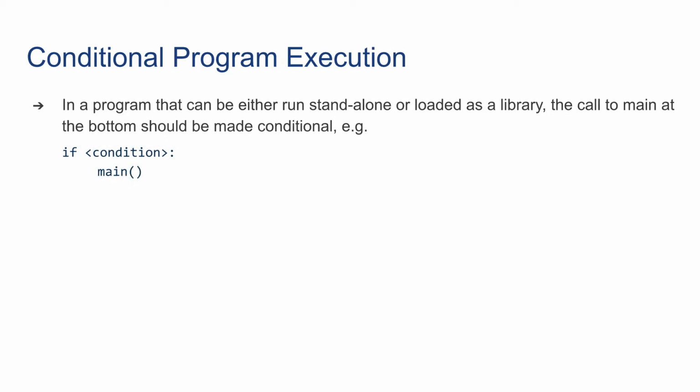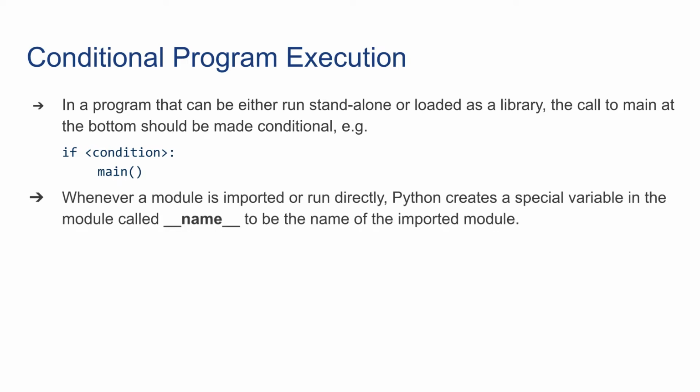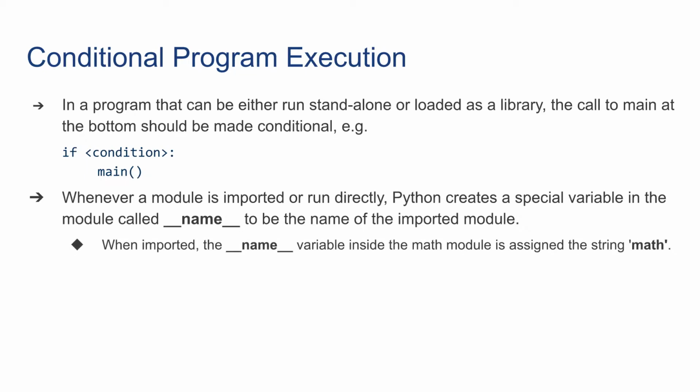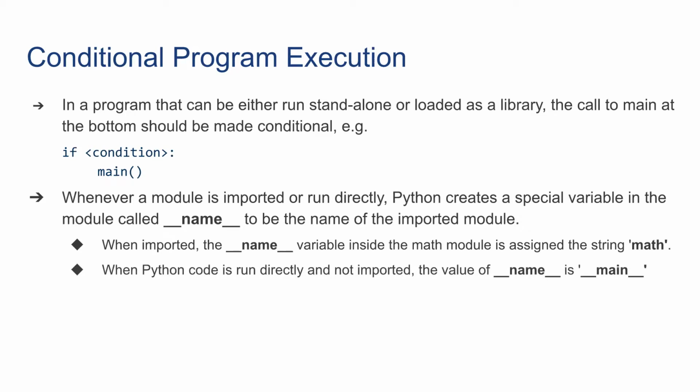Now what that condition should be: whenever a module is imported or run directly, Python creates a special variable in the module called __name__, set to the name of the imported module. When imported, the name variable inside the math module is assigned the string math, and that's basically the file name.